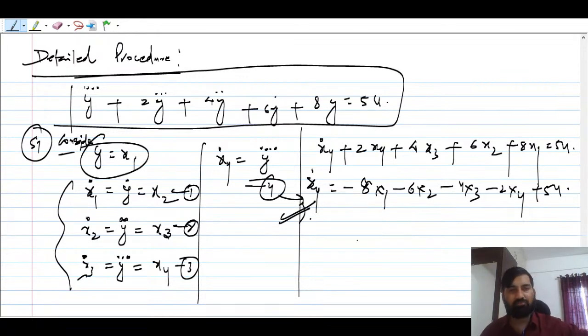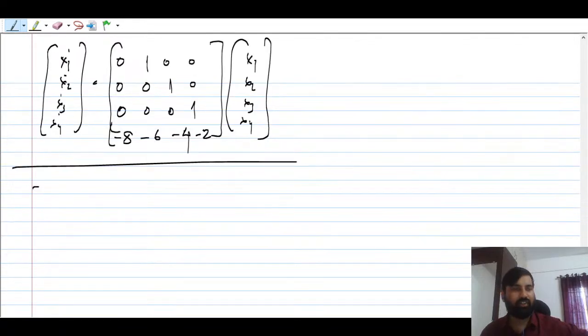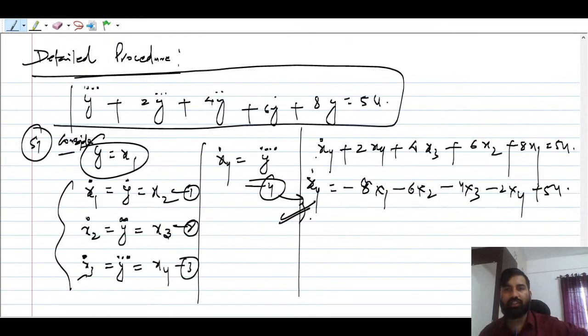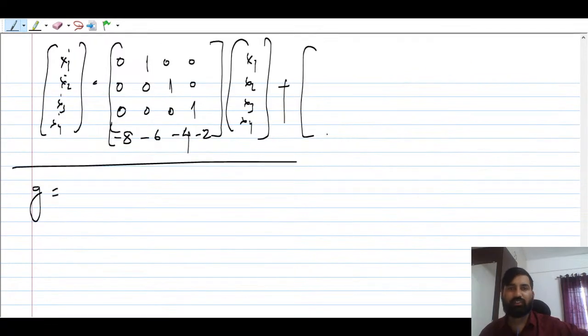Because there is only x1, so you can say that your y is going to be x1, and now this will be B. B is what you see here. Only in case of x4 this guy is present, 5. You can say that this is 5 and all others are 0. So this is u.